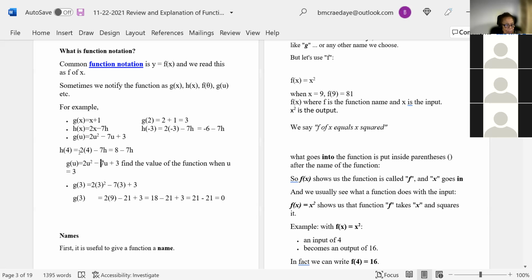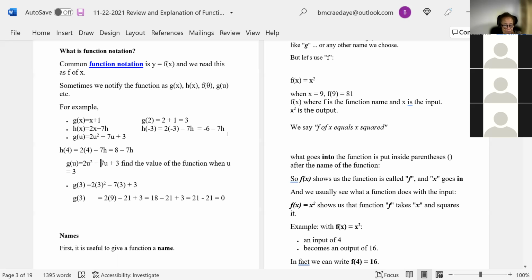I'll give you some that are squared, the variable squared. I'll give you some where it's addition, multiplication, subtraction, or a combination. And then you substitute in the variable and give me the value of the function.